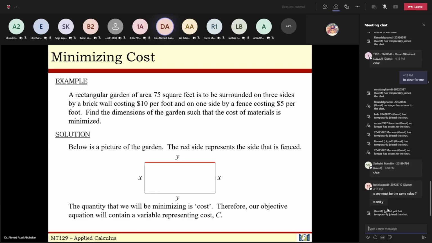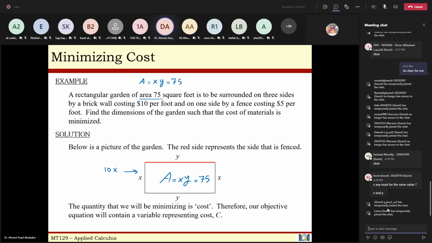Look at this new example: a rectangular garden with a fixed area, x multiplied by y equals 75. The garden is to be surrounded on 3 sides by a brick wall costing $10 per foot. So the cost of this side is 10x, this side 10y, this side 10x.